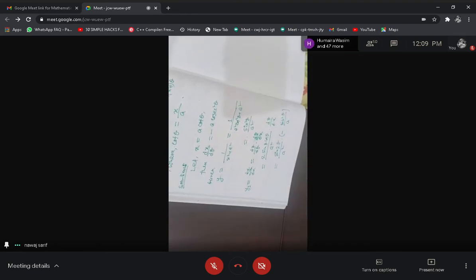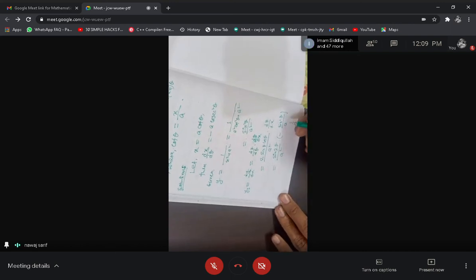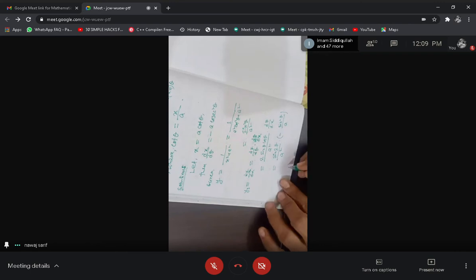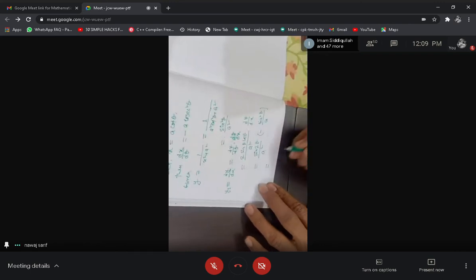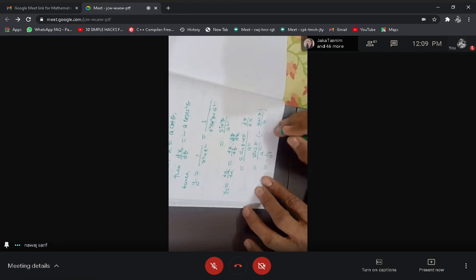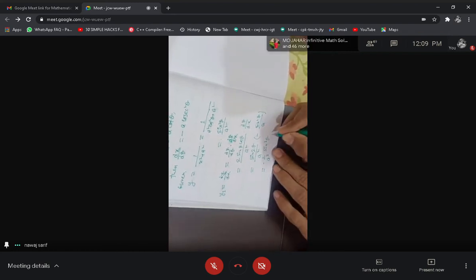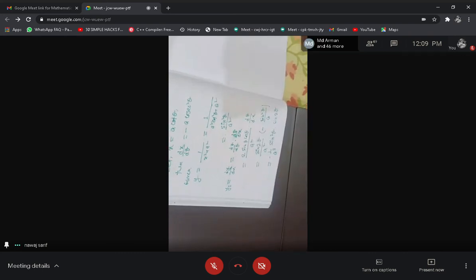So y1 is sine 2 theta upon a square into minus sine square theta upon a. This implies y1 is minus 1 upon a cube sine square theta into sine 2 theta. Is it okay?